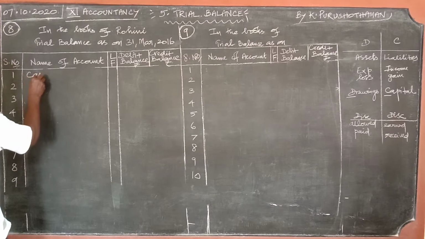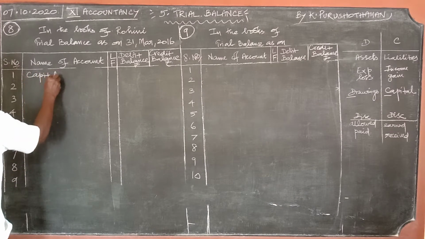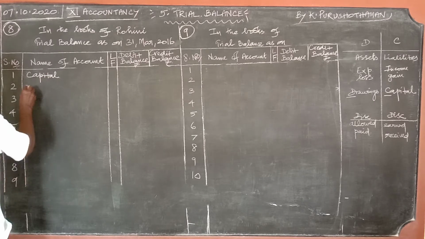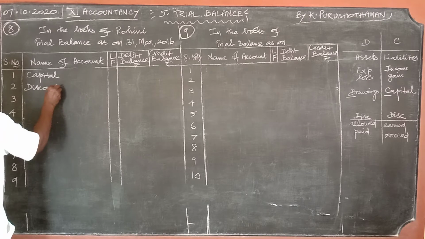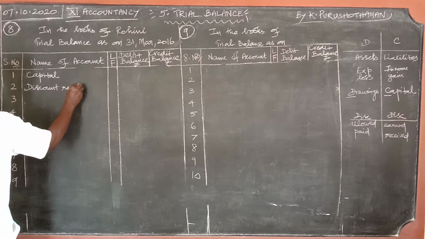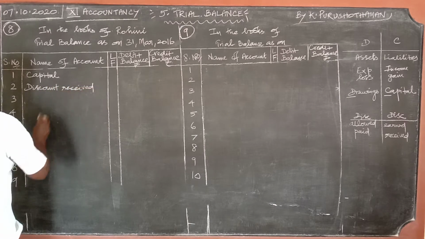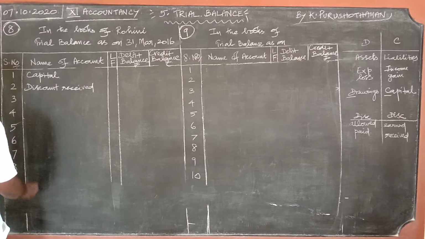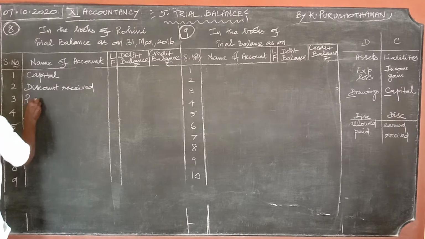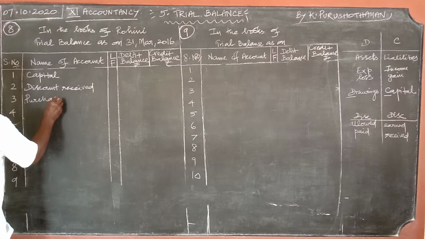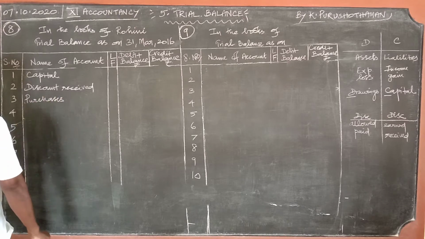1. Capital. 2. Discount received. 3. Purchases. 4.